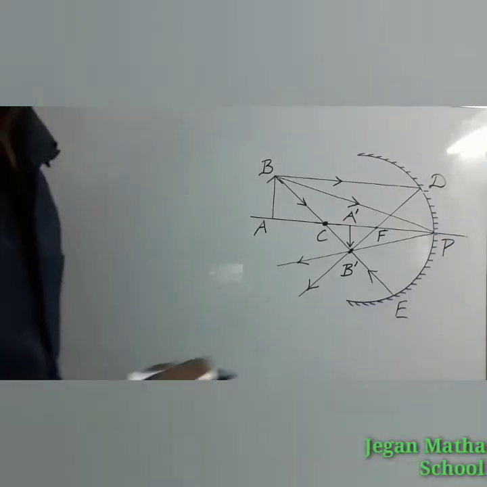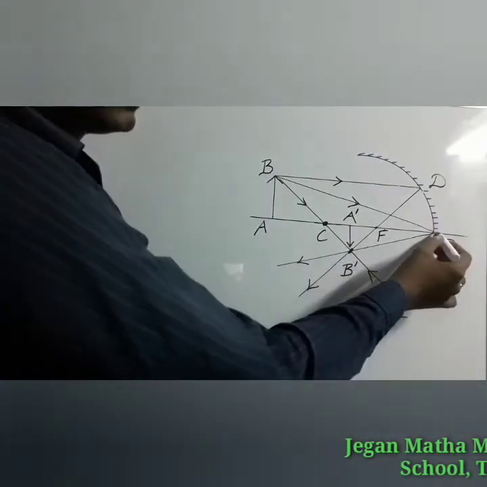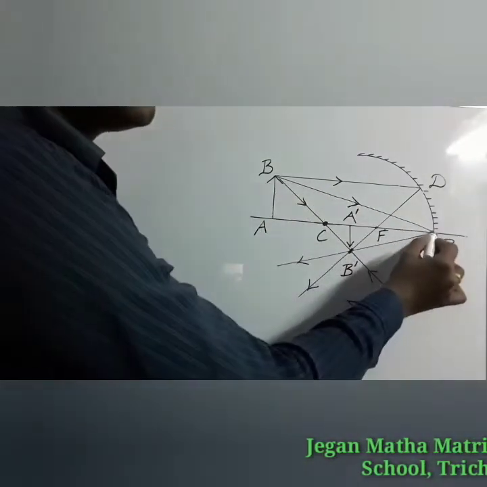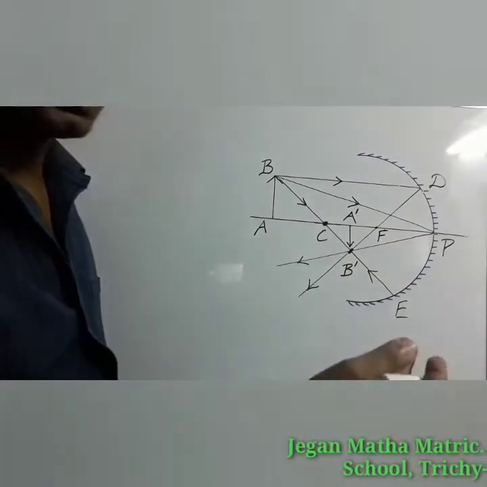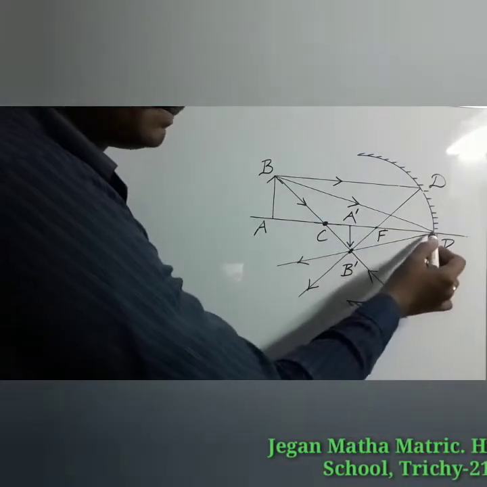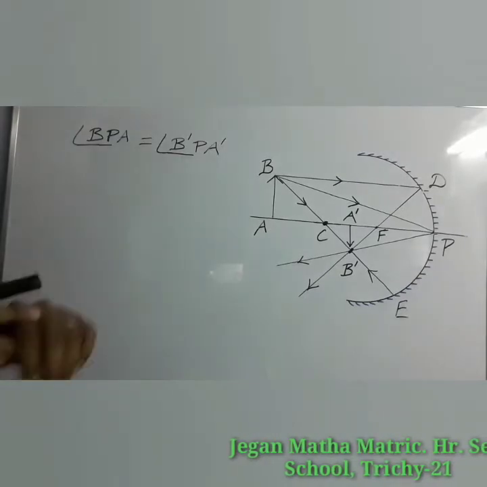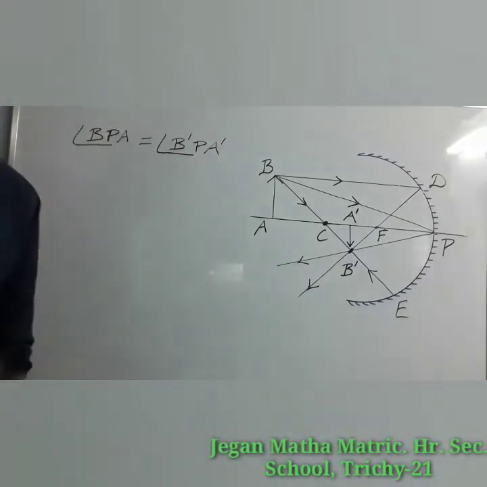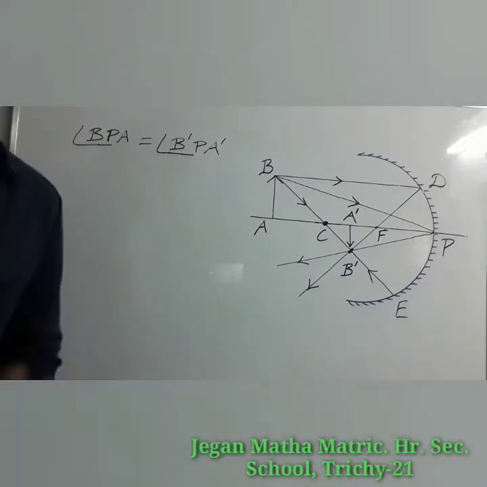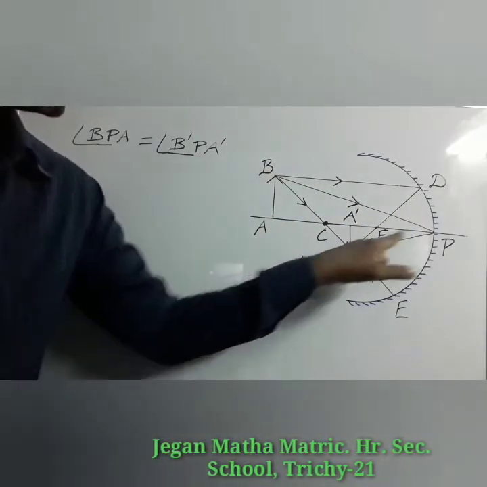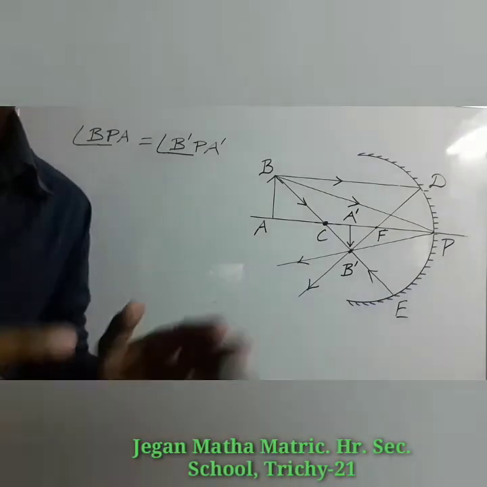We know that if the reflection takes place at the pole, it obeys the laws of reflection. So angle BPA must be equal to angle A dash PB dash. We can write that as a, so both the angles are equal. Then the triangles BPA and B dash PA dash are similar.